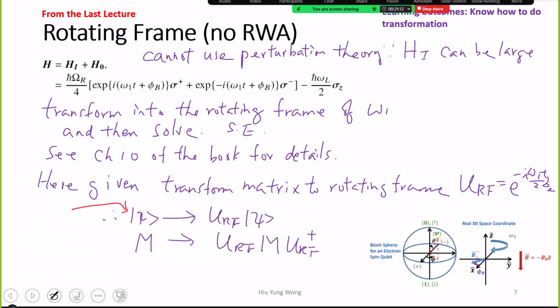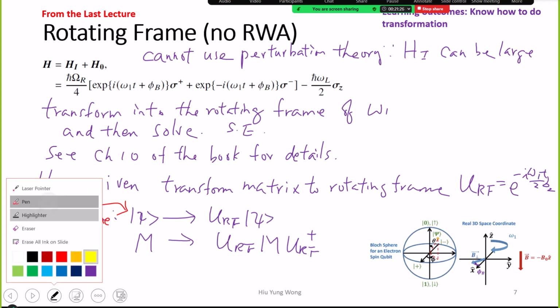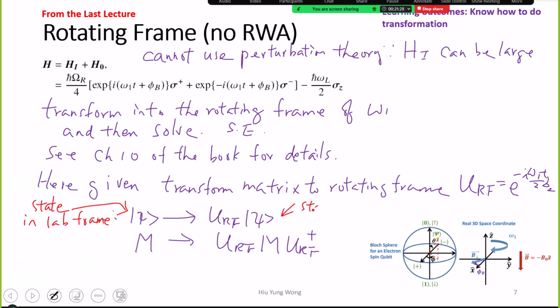this is the state in the lab frame, right? For example, you are in the laboratory, you observe this state. After transformation, this one is the state in the rotating frame. Is this okay? For example, like what I said earlier, the merry-go-round.